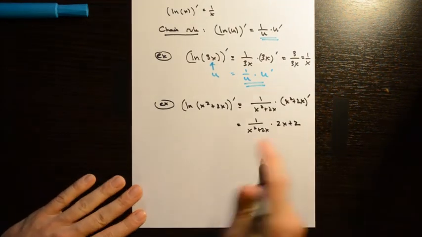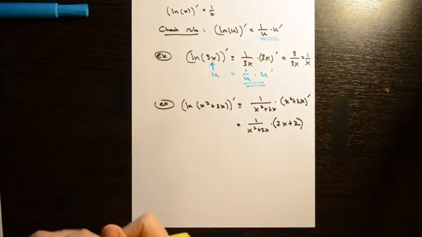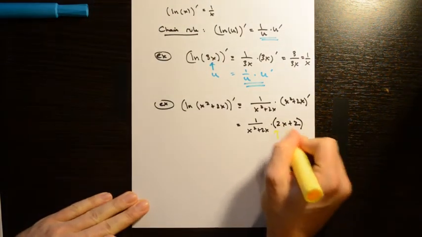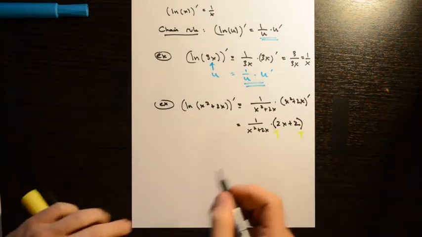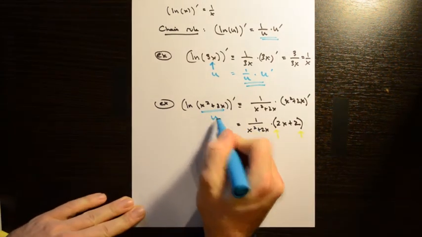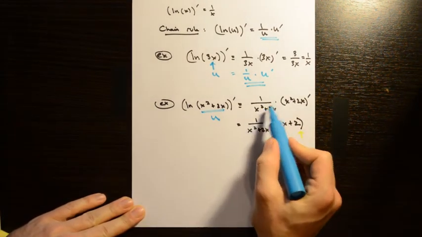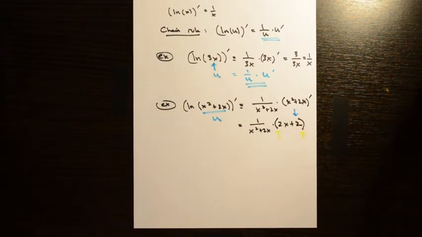Wrong. You have to include the parentheses like this. That's one of the most common errors that people make, is they forget to include the parentheses with the chain rule term. So in this problem, our u is this term right here. This is 1 over u, and this is the derivative of this term.